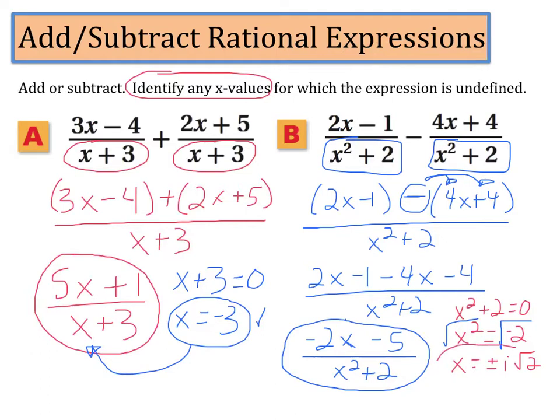Now this means that the only numbers that won't work here are imaginary numbers. So I can say that x can equal all real numbers. Once again, adding these rational expressions is a little easier because the denominators are equal. We'll see what happens when the denominators are not equal.